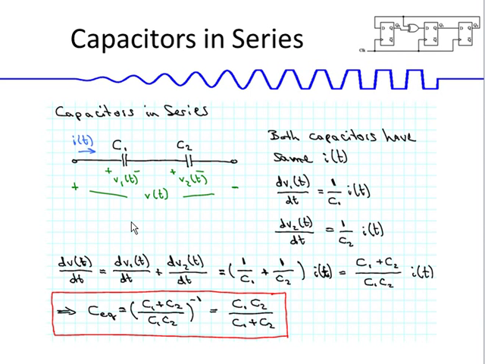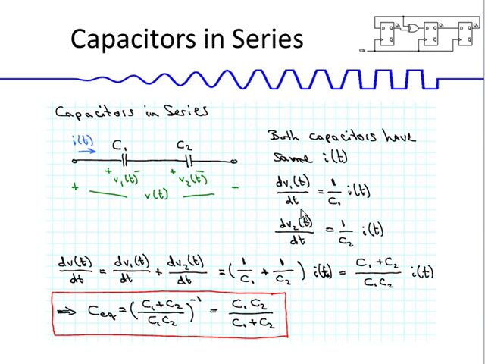If you take two capacitors in series, C1 and C2, they both must carry the same current, and their voltages V1(t) and V2(t) add up to E(t). We can compute dV1(t)/dt as 1 over C1 times I(t), and dV2(t)/dt as 1 over C2 times I(t).